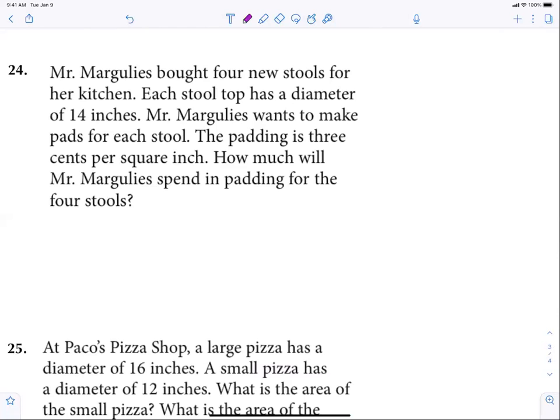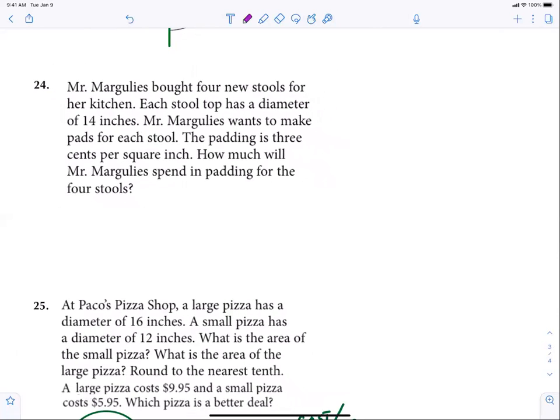All right, buddy, you're on. What do I have to do? What are you thinking? First find the area of the stool. Right? So the area equals pi times 14 squared.